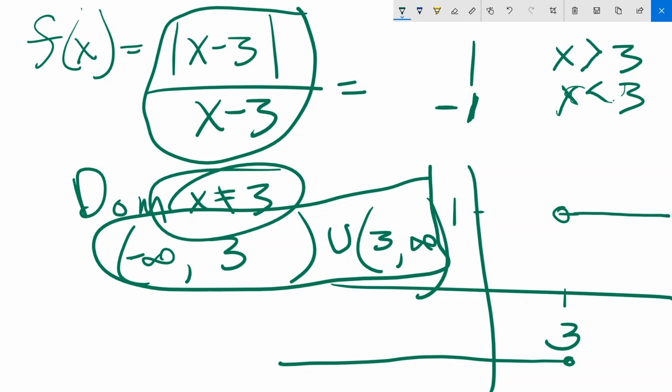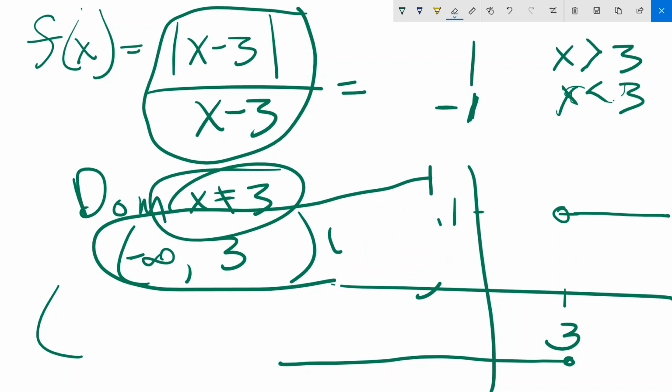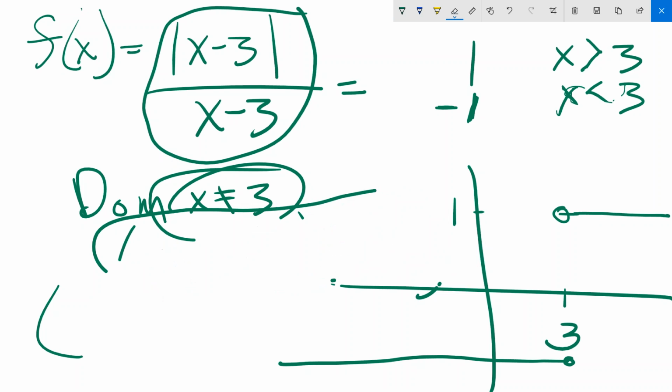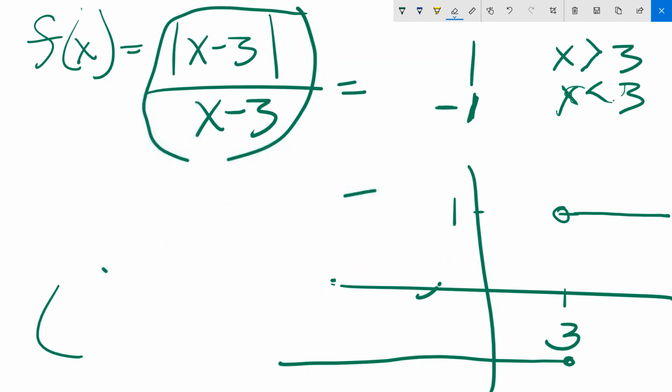Now, if you look at the graph, what's the range? -1, comma 1. Do you see any values vertically that are between 1 and -1? No. It looks to me like y is either -1 or +1, nothing else.